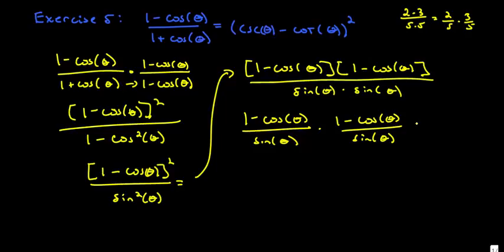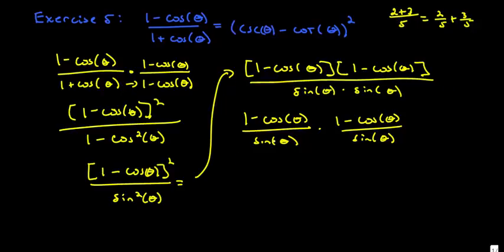Now, the next trick is this: if I have 2 plus 3 over 5, that's the same as 2 over 5 plus 3 over 5. So as long as I only have one thing in the denominator, I can split up my numerators like that.